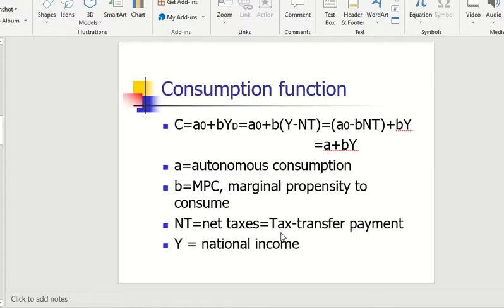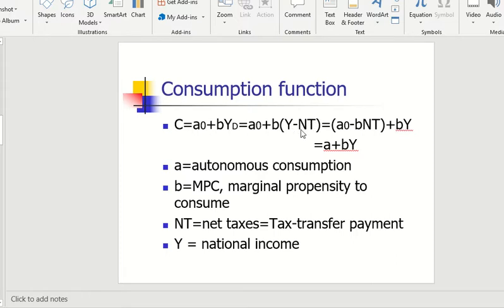So income tax minus transfer payment, we can call that net taxes. So disposable income is national income minus the net taxes. And then we rearrange the terms a little bit. Okay?